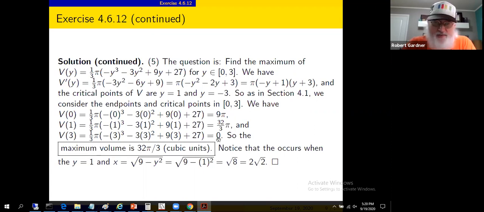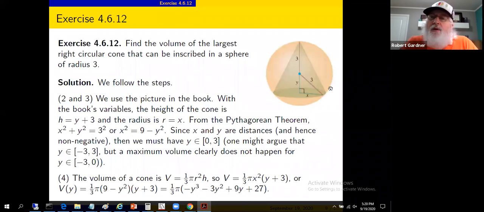Does that make physical sense? Let's go back to the picture one more time. This arithmetic is correct, so we get 0 out when y equals 3. But does that make sense? Yeah, when y equals 3, remember we're inscribing a cone inside this sphere. Well, if I make the height 6, there's not room for any base radius.